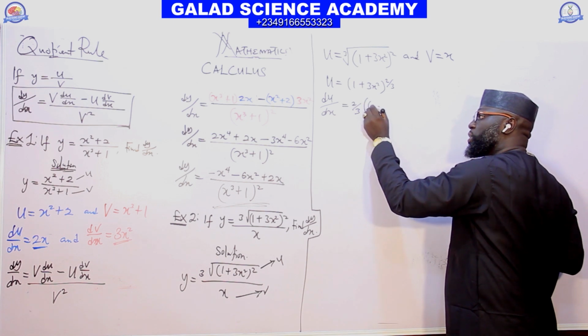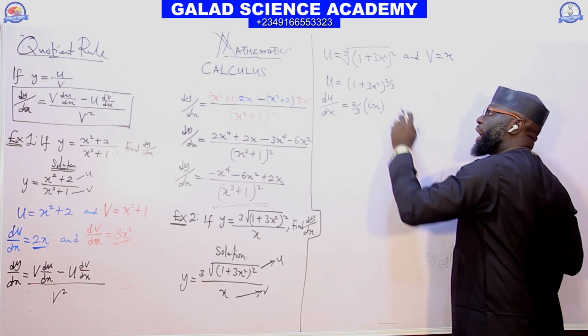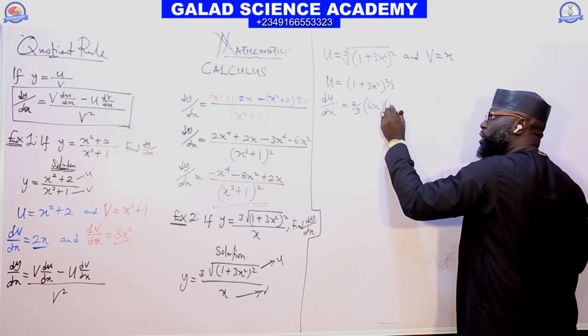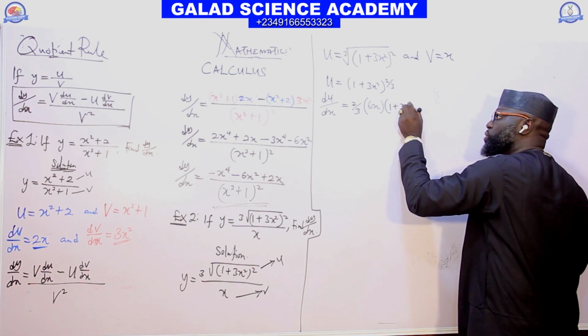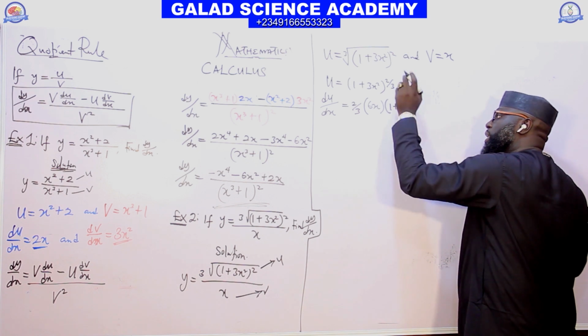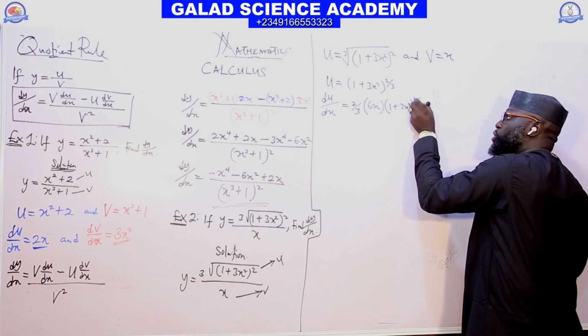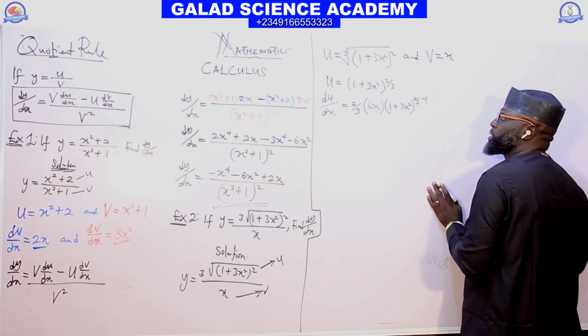The bracket will give us 6x. Write down the term you have in the bracket, 1 plus 3x squared. Then reduce the power by 1: 2/3 minus 1.